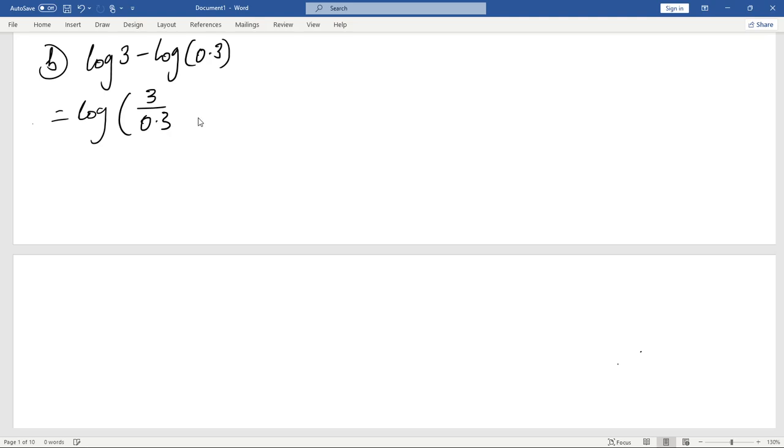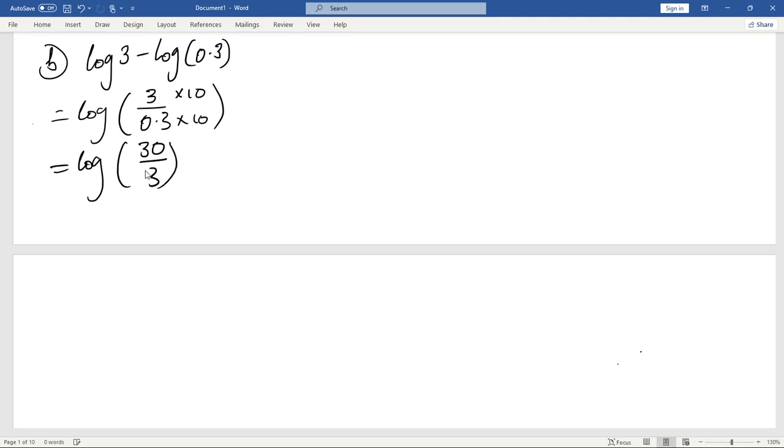So what do we do in this case? We multiply the numerator by 10 and also multiply the denominator by 10 so that we can push this point one step to the right. So here we're going to have log, open brackets, 30 over 3.